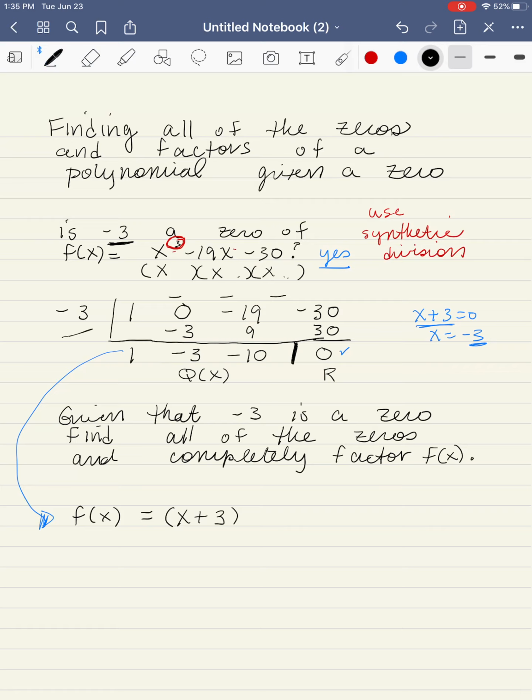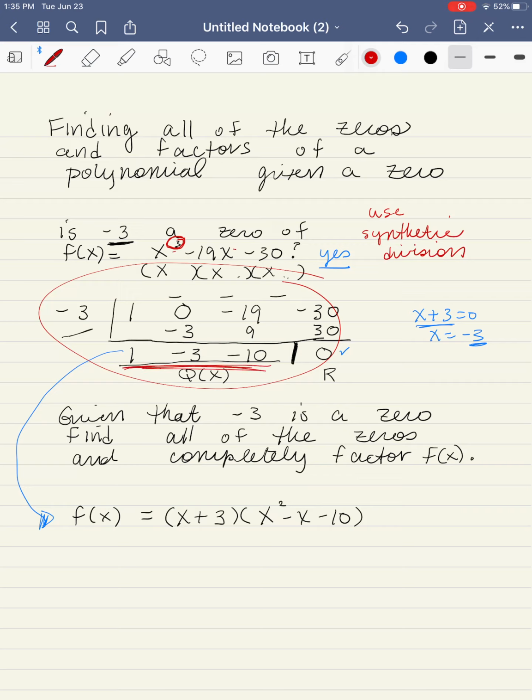Because if I set x plus 3 equal to 0 and solve for x, I get x equals -3. So the x plus 3 goes with the -3. And then what we got when we did the division was our quotient right here, which is x squared minus x minus 10. So this synthetic division, we used it to answer some questions.